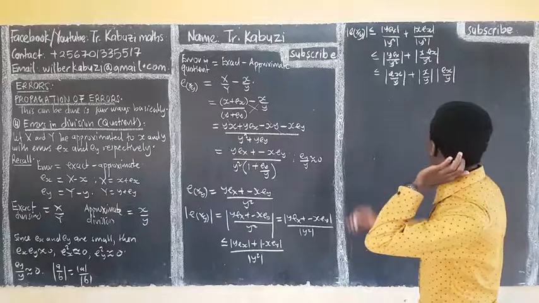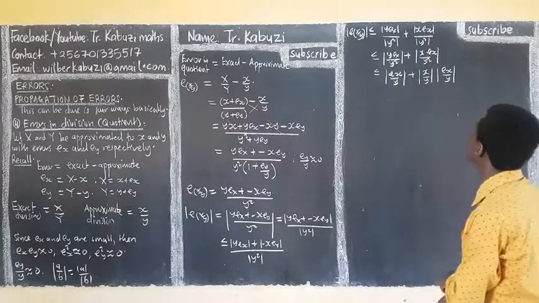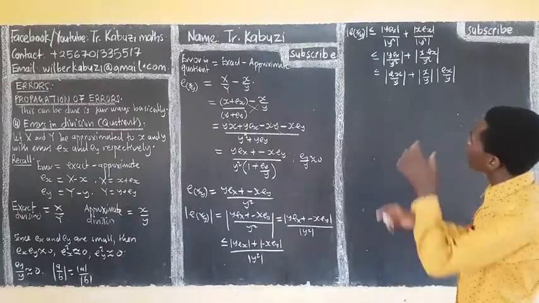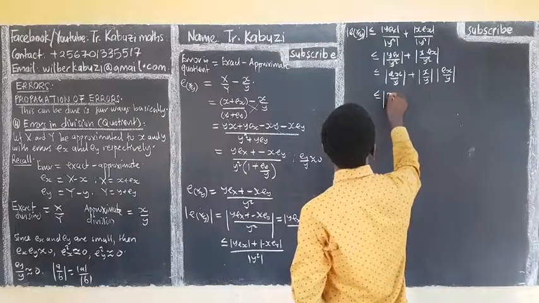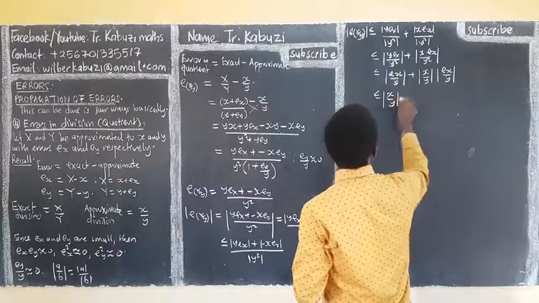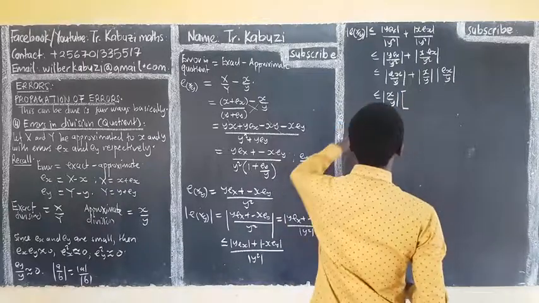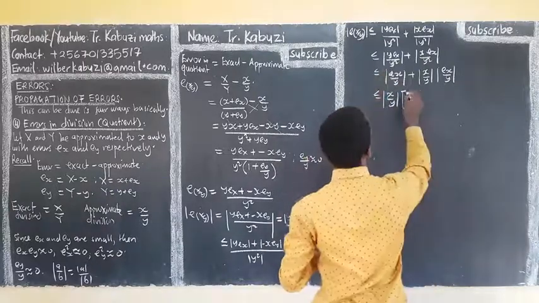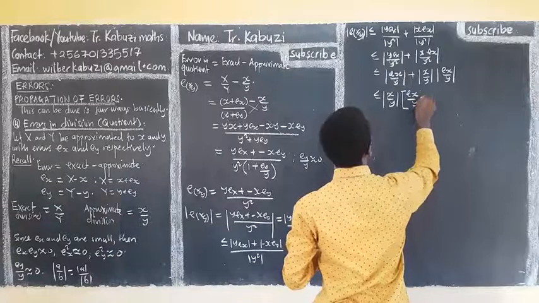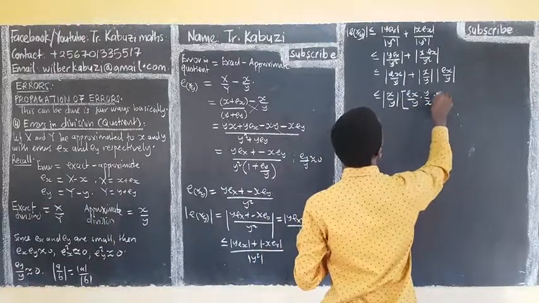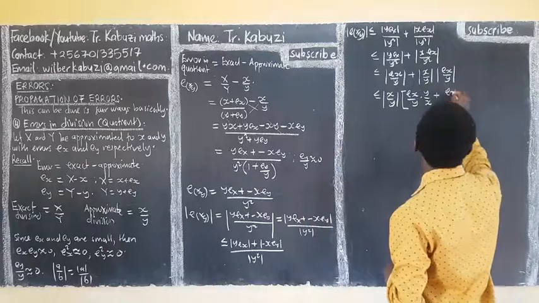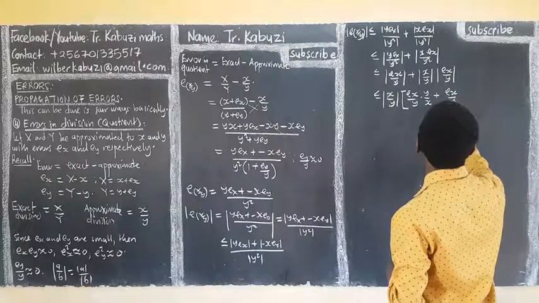Now, if I factorize out the whole of that thing, when I factorize out X over Y, I'll be having Ex over Y times now the reciprocal of this, which is Y over X, now plus Ex over Y.